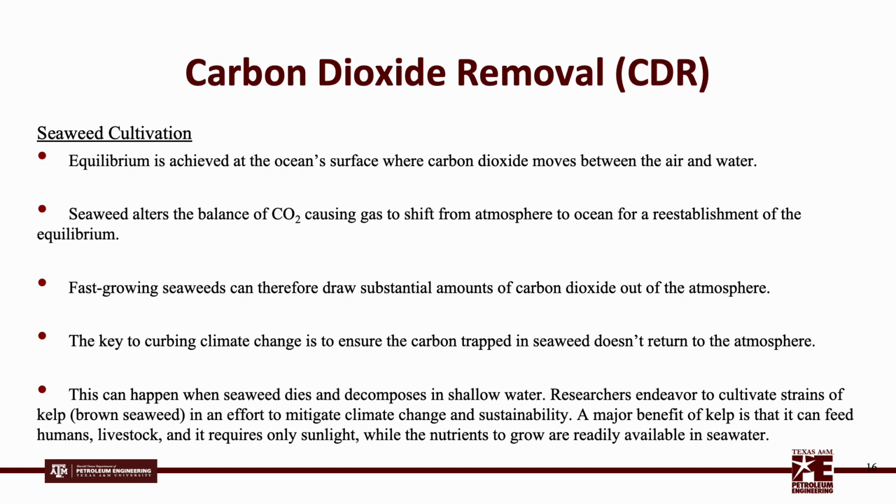Equilibrium is achieved at the ocean's surface where carbon dioxide moves between the air and water. Seaweed alters the balance of CO2, causing gas to shift from the atmosphere to ocean for a re-establishment of the equilibrium.